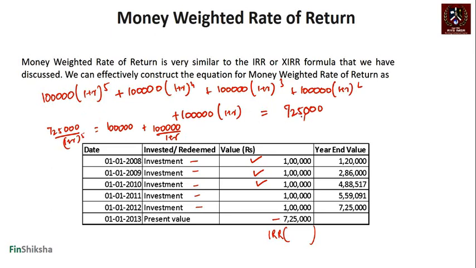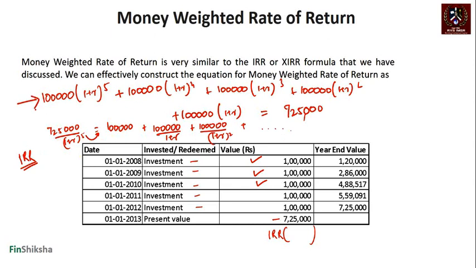So 5 and 5 cancel each other, then this is divided by 1 plus R, divided by 1 plus R square, and so on and so forth. If I take this on this side, it effectively becomes the IRR formula. So that's what we are trying to calculate in this case, as to what is the exact rate of return based on this, right? And we can prove that IRR gives us this formula.